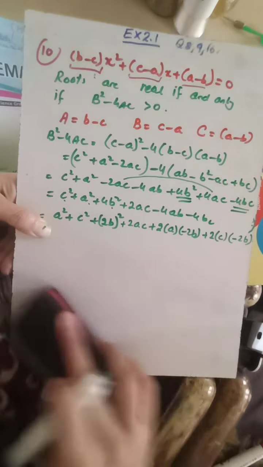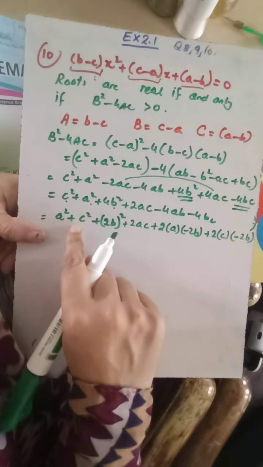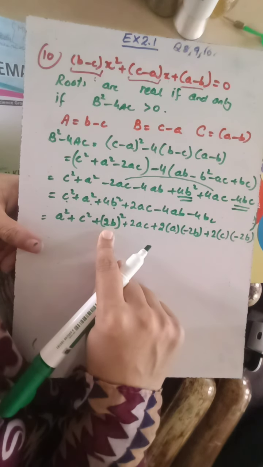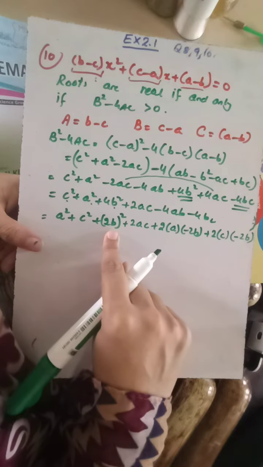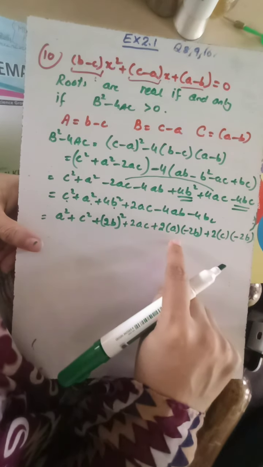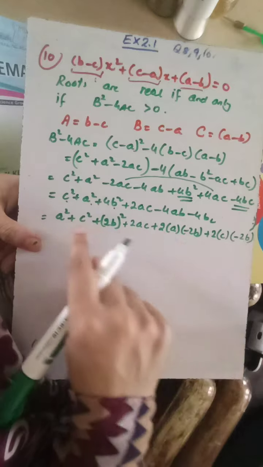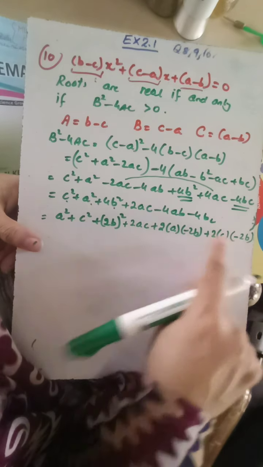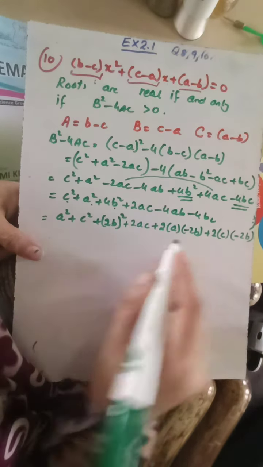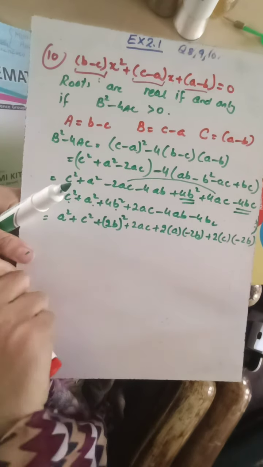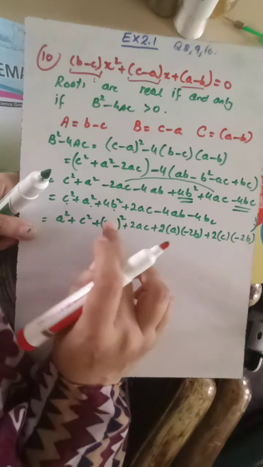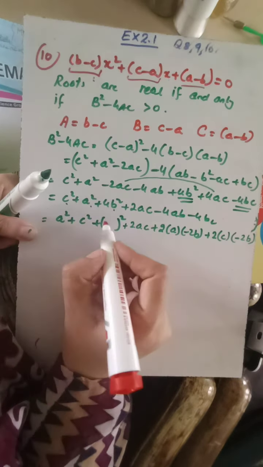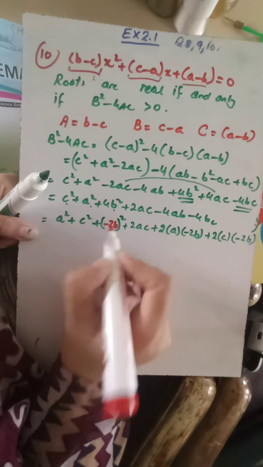Okay, so as you may see, a square plus c square plus 2b square, yes, 2b square, 2ac plus 2ab plus 2ca. If you compare this whole expression, this 4b square can be written as (minus 2b) square.